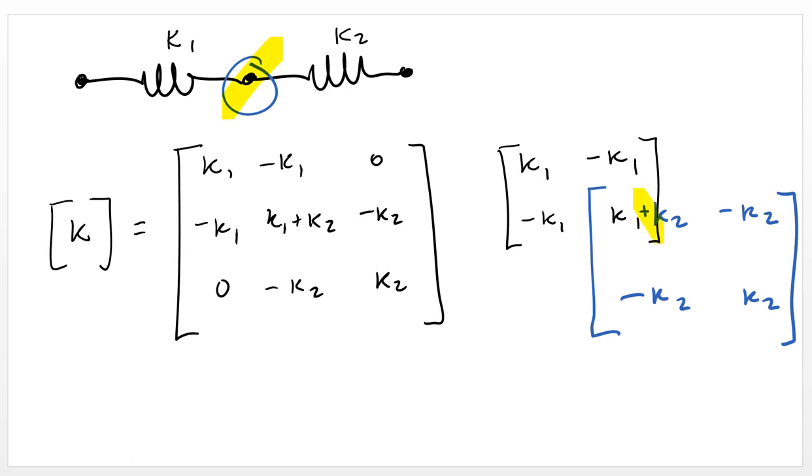So this is extremely important, because what this is telling us is that by knowing the individual stiffness matrix of every component and how those components are connected, we can assemble the stiffness matrix of the whole system.